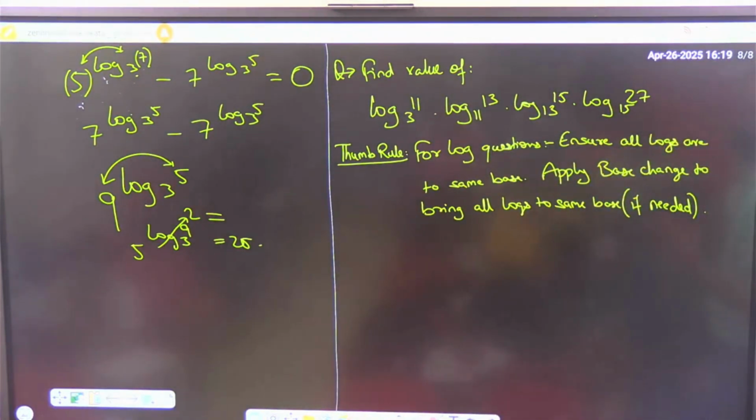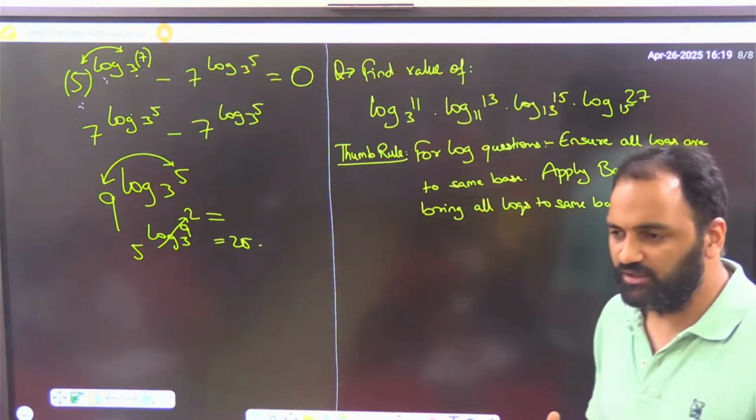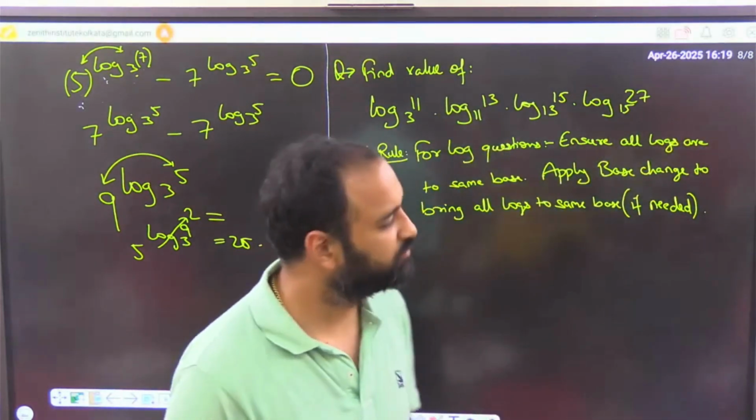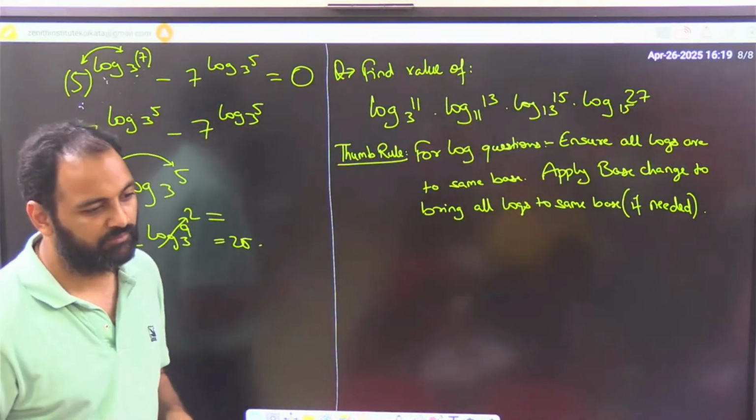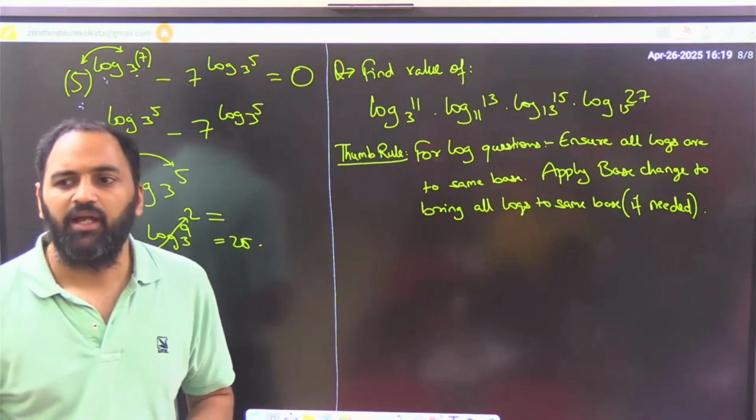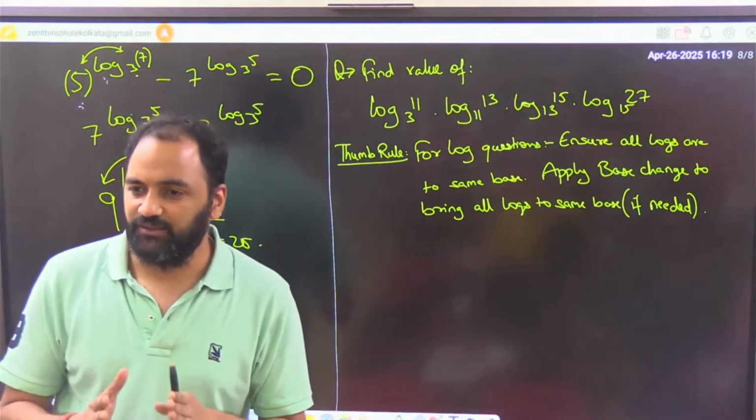And of course that will also be something that you have to decide by observation. Looking at the question, what would be a convenient value of the base to turn to? Log base 3. Let's go for base 3.